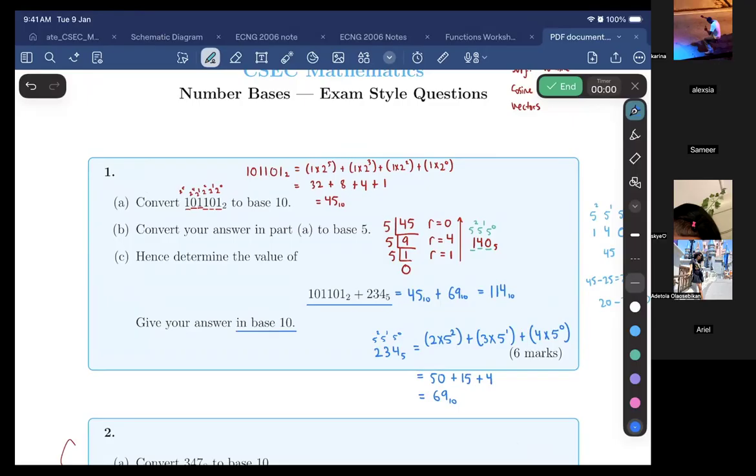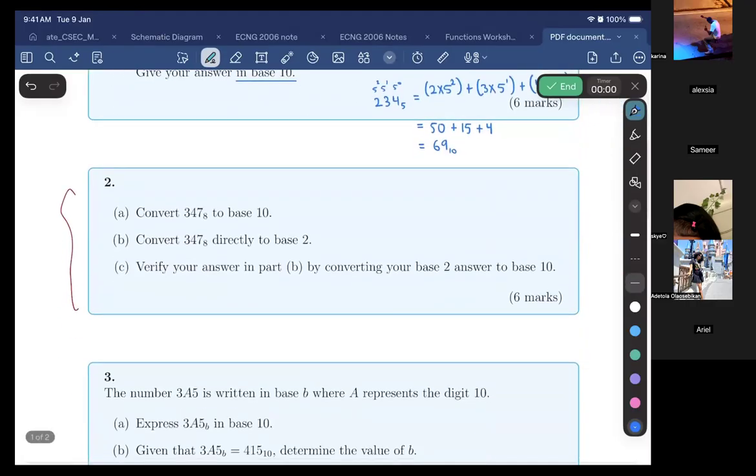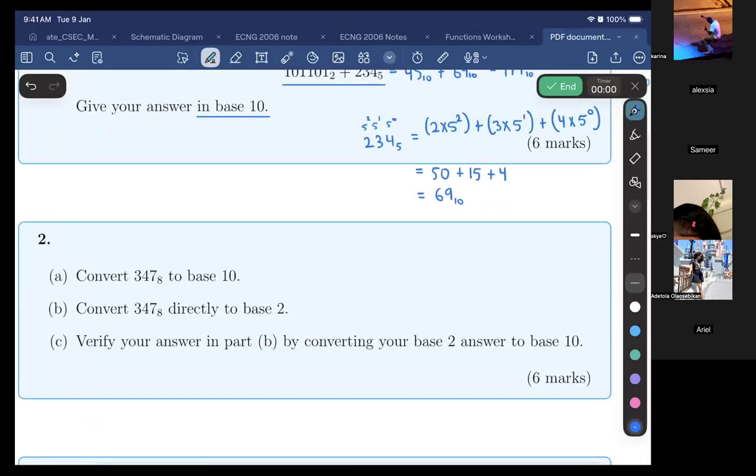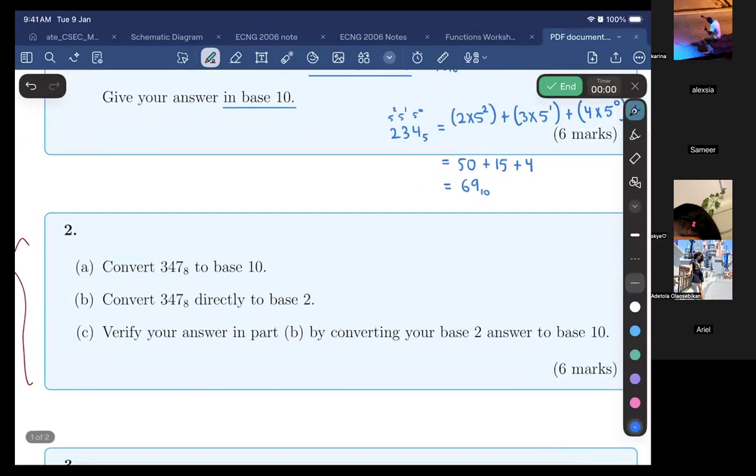I see you have 231 and they're working. So it's not number two we're doing. Yeah, we do number 2. Right, so when I do it, I get 231 to base 10. Well, I'll check it out and we'll see.